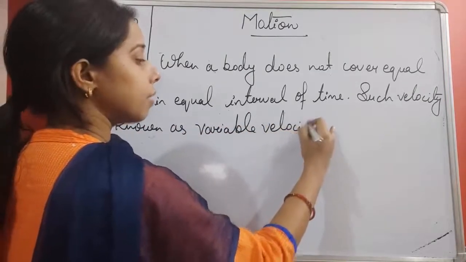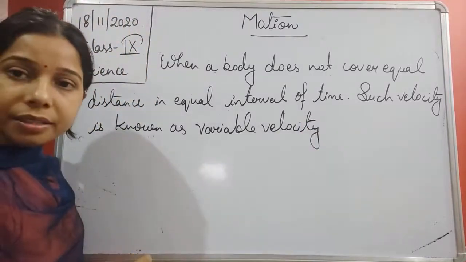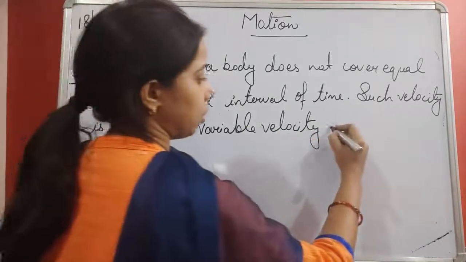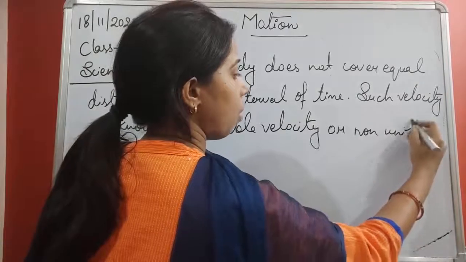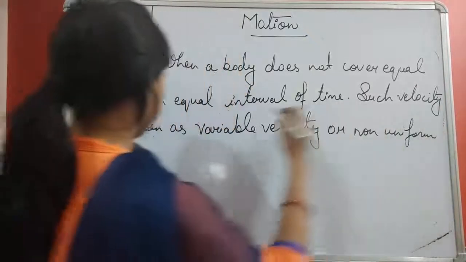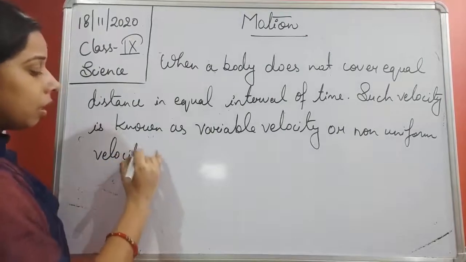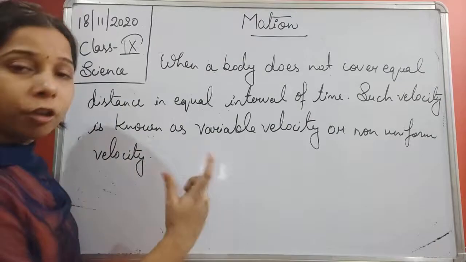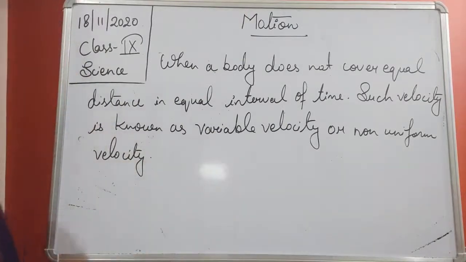It is known as variable velocity, students, or you can write it as non-uniform velocity. Either it can be a variable velocity because the velocity keeps on changing, or you can write it as non-uniform velocity.